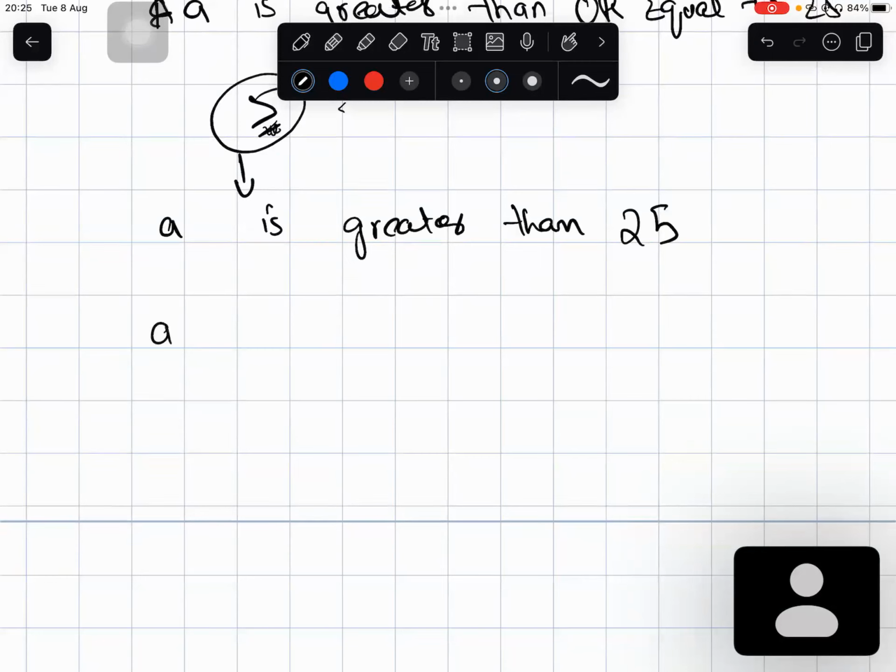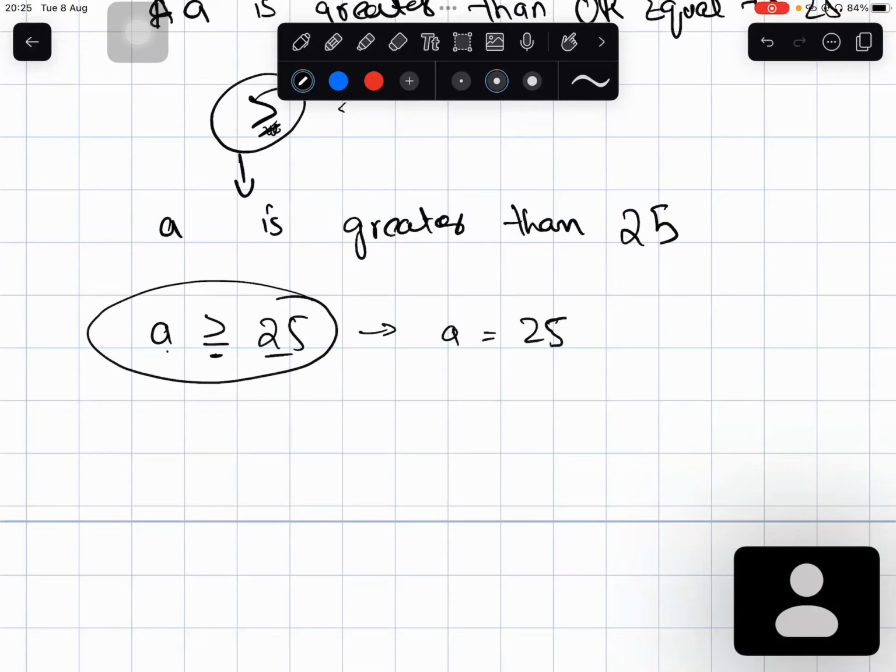Now, for example, again, let's take this one. You have the condition which is telling you that A is greater than or equal to 25. And the examiner asks you that according to this particular condition, would this be true or false? What would you say to him? Yes. This would be true. Perfect.